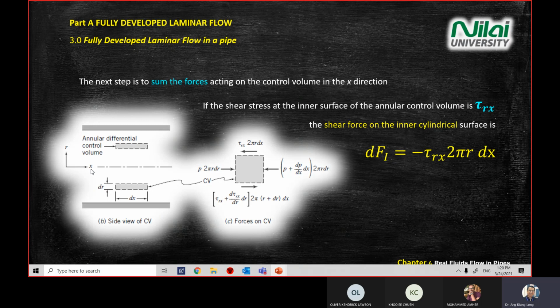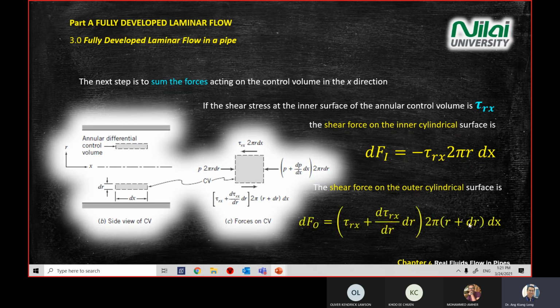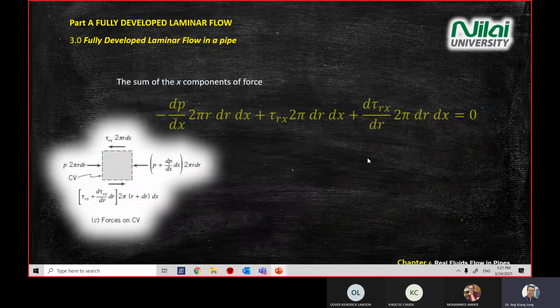Because the x-axis is positive to the right, the arrow is to the left, so we get a negative sign here. And the shear force at the outer cylindrical, which is near the wall here, you'll get this equation, right? You add all these equations together, you'll get a very lengthy equation.